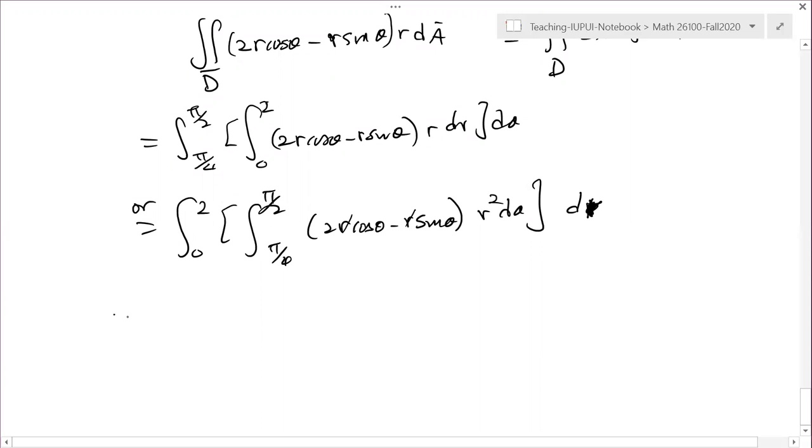So the antiderivative of 2 cosine theta minus sine theta will be 2 sine theta plus cosine theta, right? When you differentiate, you get 2 cosine theta minus sine theta. And there's r squared outside. So evaluate the two endpoints.